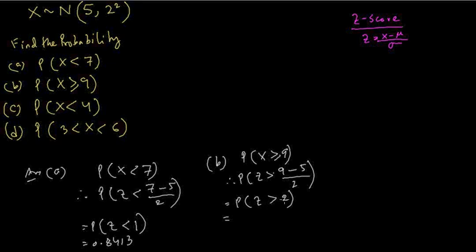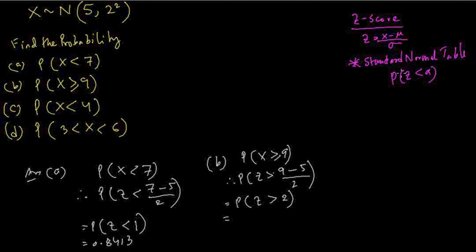This is a positive value, but in the table remember everything has to be cumulative, less than. So we need a special rule to convert this. The standard normal distribution table has to be cumulative. So z is less than a, it has to be in this format.